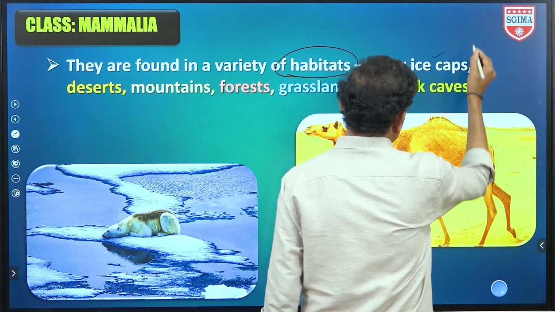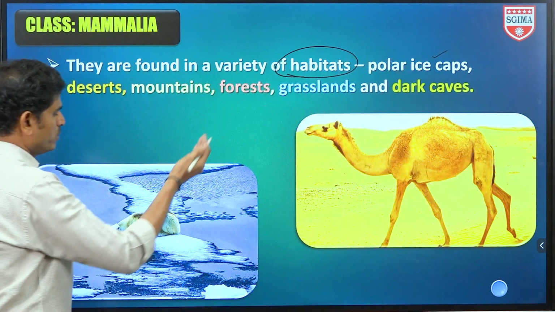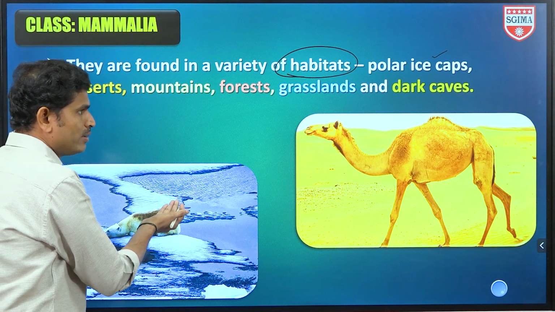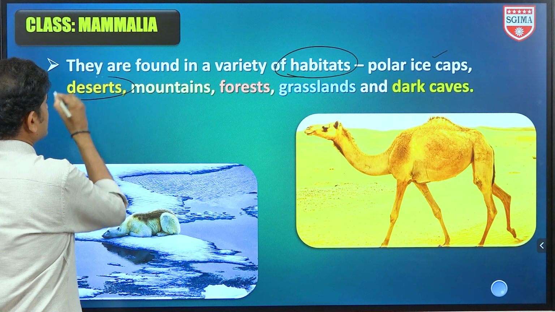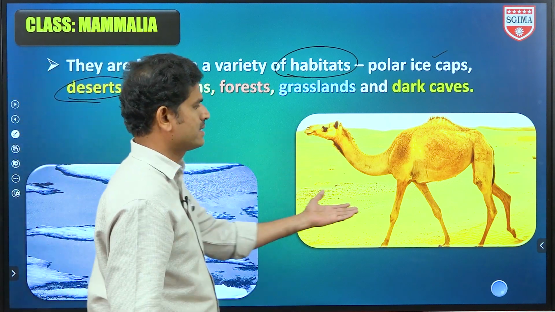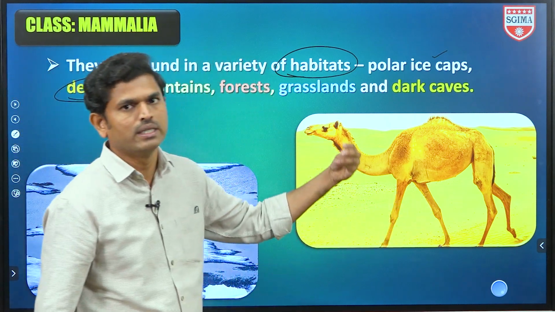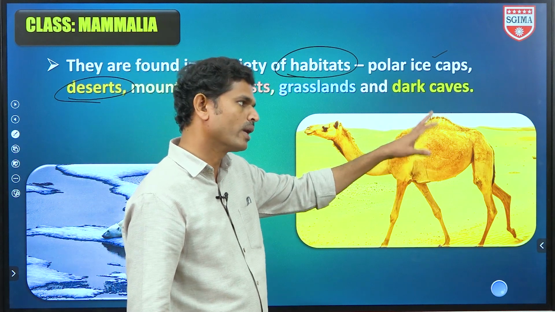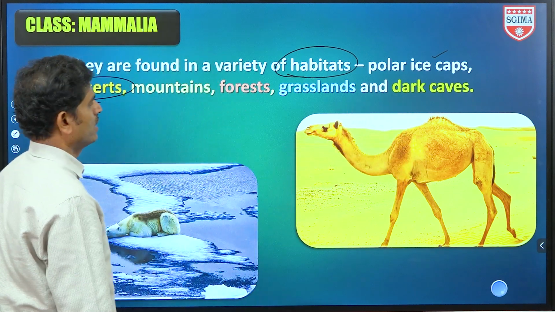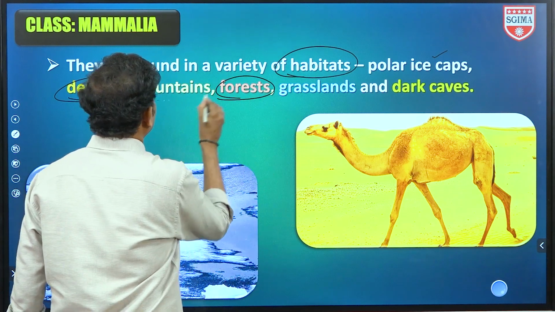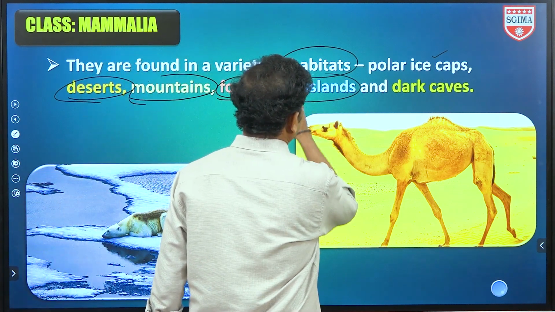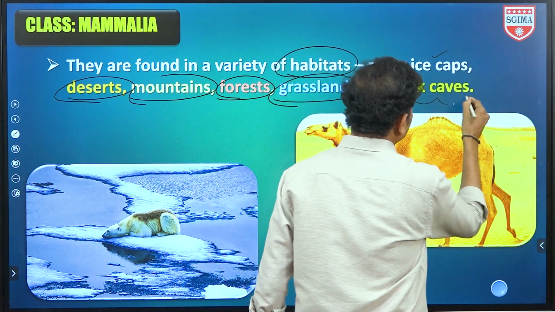In polar ice caps the temperature will be below 0 degrees centigrade. Next one is deserts, totally opposite, where the temperature is always a minimum of 45 above, 50 degrees centigrade, more than that also. Next, forest areas, mountains, grasslands, and dark caves.